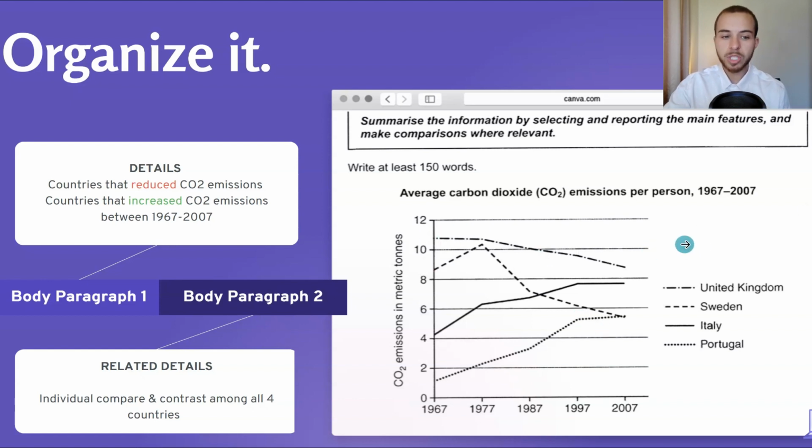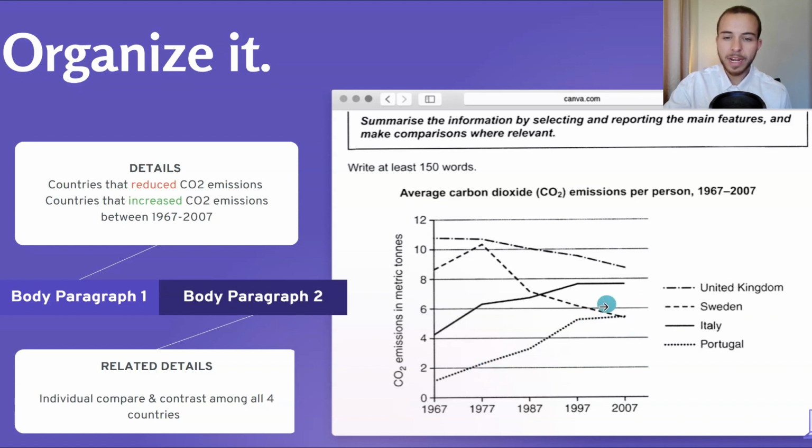In body paragraph 2, we will compare and contrast among all four countries. Because whereas United Kingdom decreased, Sweden did as well, although they did see a spike, right? So we want to discuss that. Italy and Portugal follow nearly the same trend over the decades.